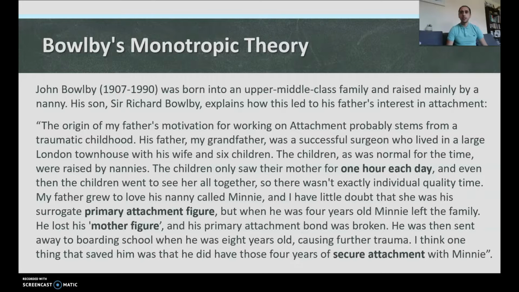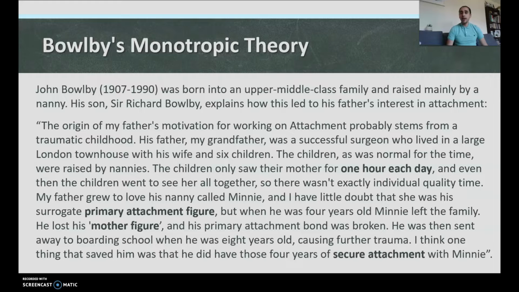The children only saw their mothers for 1 hour each day, and even then the children went to see her all together, so there wasn't exactly individual quality time. My father grew to love his nanny called Minnie, and I have little doubt that she was his surrogate primary attachment figure. But when he was 4 years old, Minnie left the family. He lost his mother figure, and his primary attachment bond was broken.